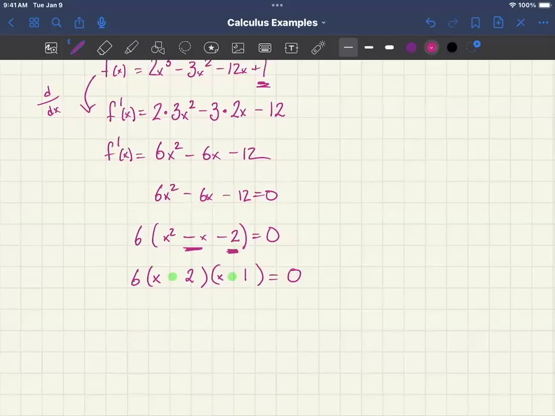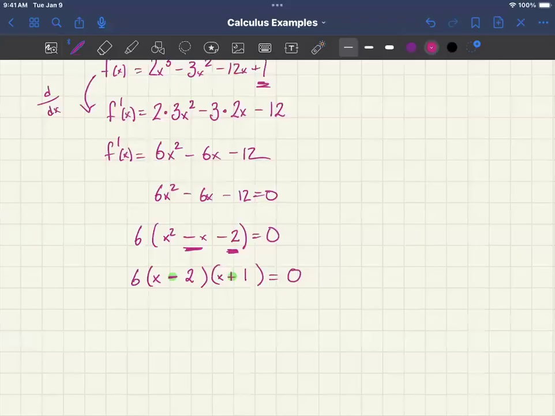We know one of those signs has to be positive and one negative because when we multiply the 2 and 1, we get a -2. So one of them has to be negative, but since our middle term is a minus x, we want to have a -2 and a positive 1.